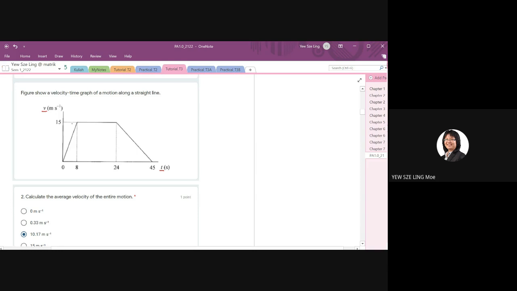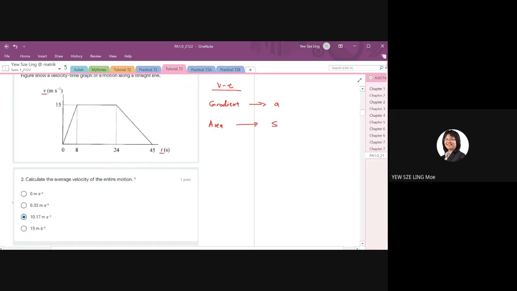For a V against T graph, the gradient of the graph represents the acceleration, and the area under the graph represents distance. So these are the pieces of information that we can get from a VT graph.